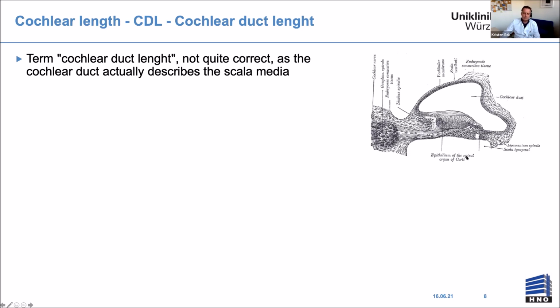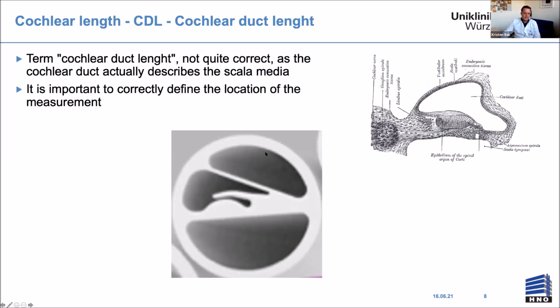And for us, it's really important to define the location of the measurements, because the cochlear duct length at the lateral wall is different from the cochlear duct length at the basilar membrane, because the basilar membrane in the apical part and the helicotrema does not reach the whole length.